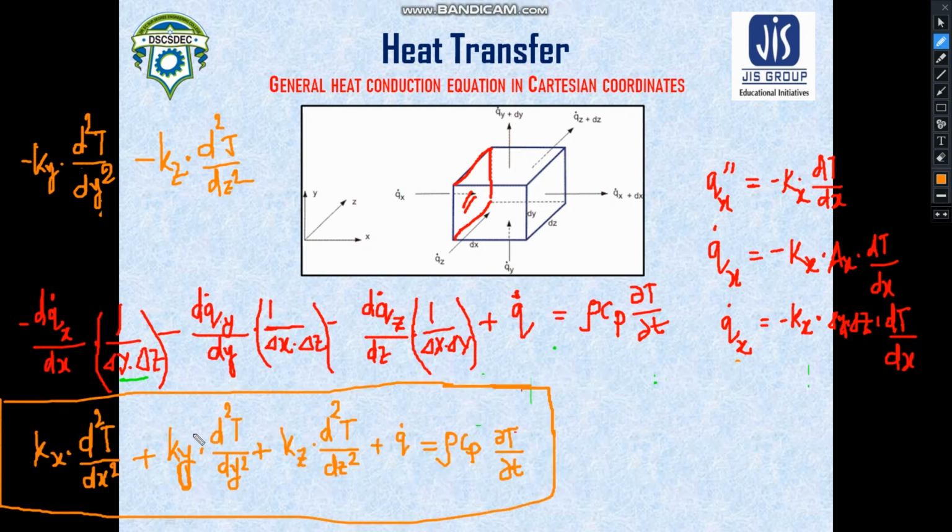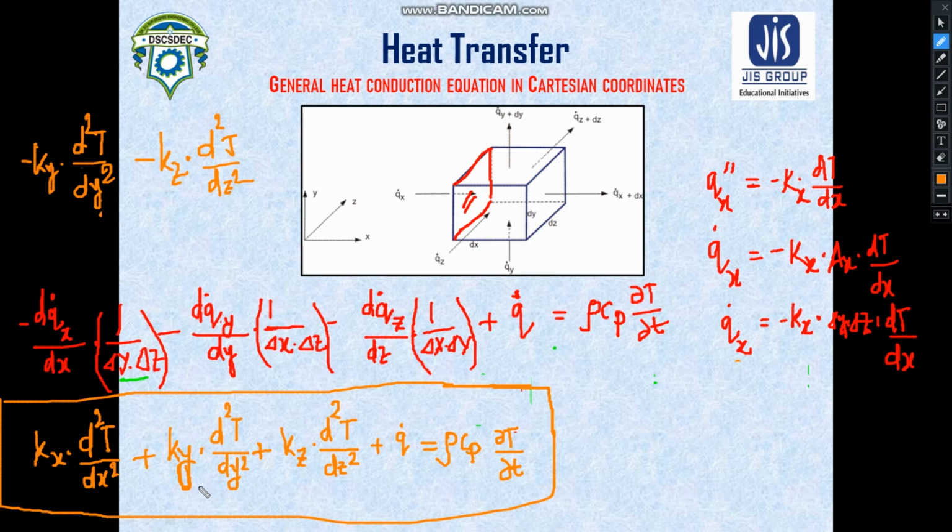So after implementing these values which we have obtained from this differentiation, we get this equation, that is kx into d2T/dx2 plus ky into d2T/dy2 plus kz into d2T/dz2 plus q dot equal to rho cp dT/dt. So this is the change in temperature with respect to change in time.